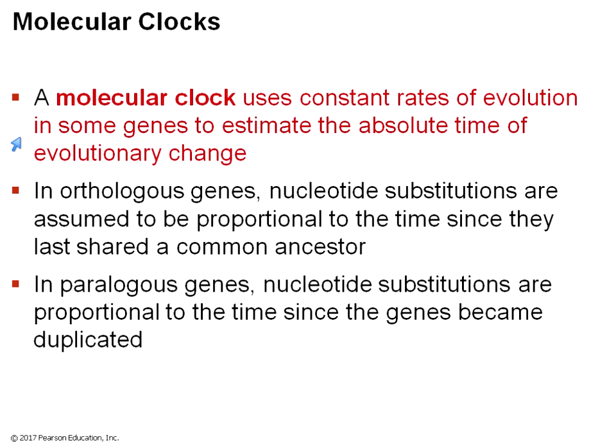So a molecular clock uses the constant rates of evolution. Okay, we talked about evolution being constant or gradual change. That was one of the ideas that was gotten from the geologists. So that constant rate of evolution in some genes is used to estimate the absolute time of evolutionary change. Now, not all genes are going to evolve at the exact same rates.